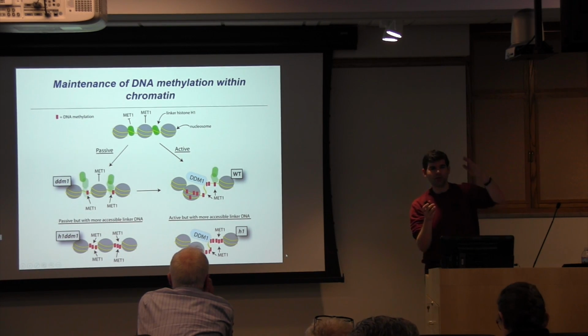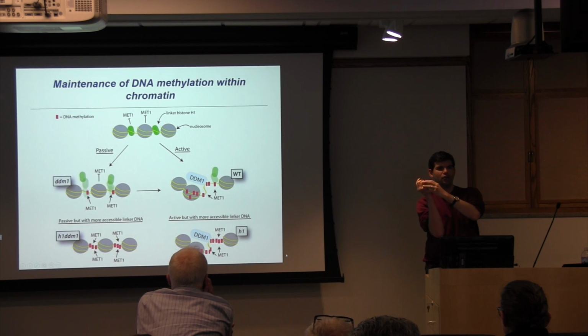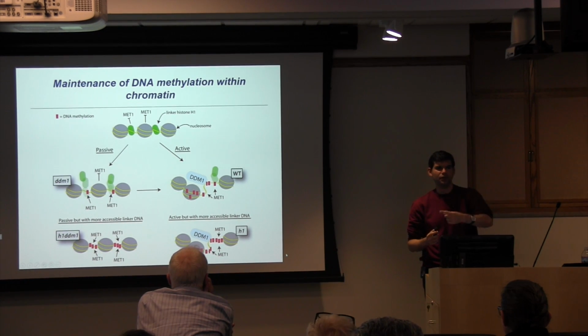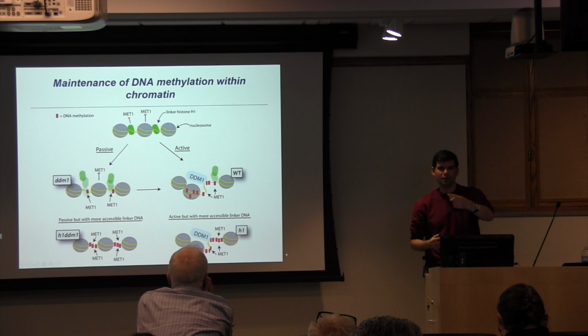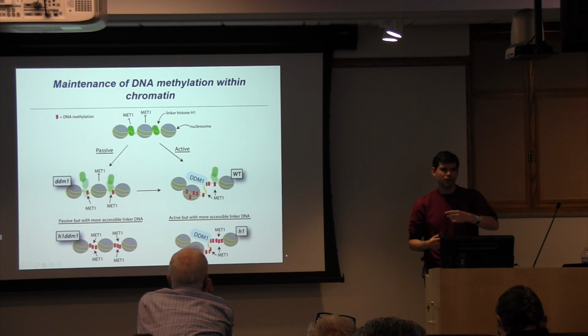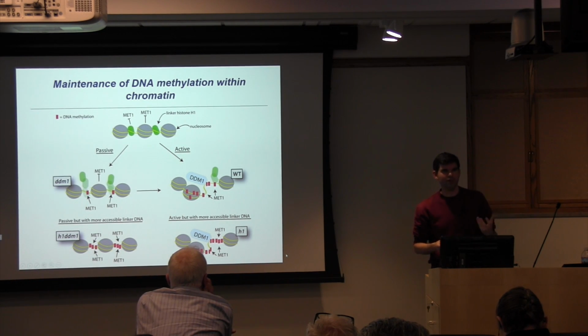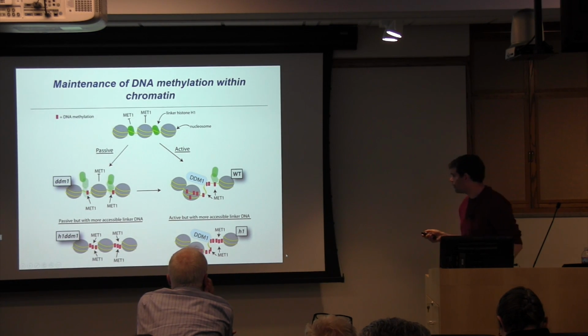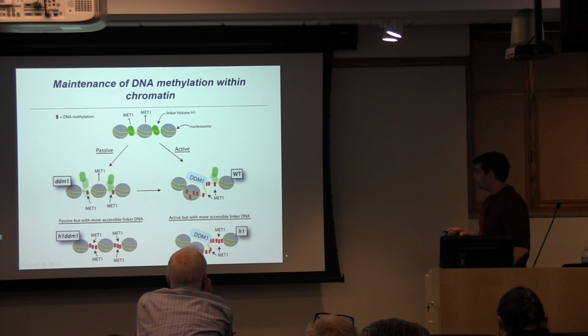Because H1 actually doesn't just bind the linker DNA, it also binds to the nucleosome surface. It's very hard to imagine how DDM1 can do what it does without also disrupting contacts with H1. So we think it comes in there, it remodels the nucleosomes, it kicks out H1, and it exposes DNA to the DNA methyltransferases. If we don't have H1 in this system, then the linkers are that much more accessible to DNA methyltransferases.